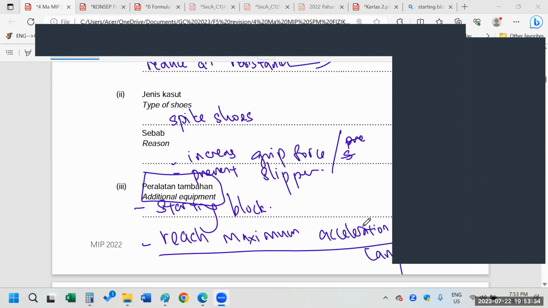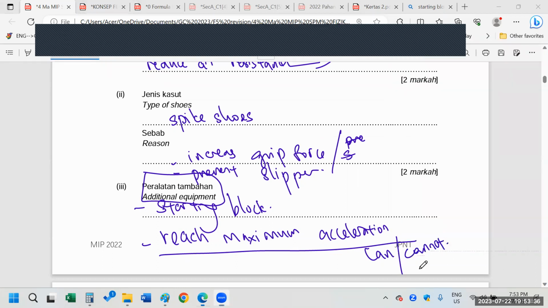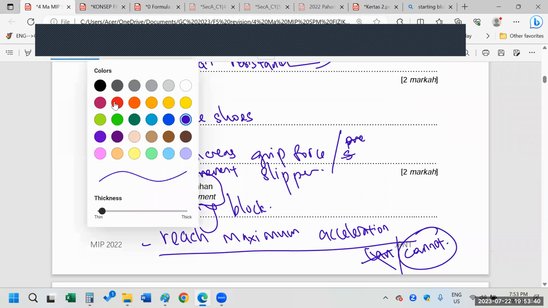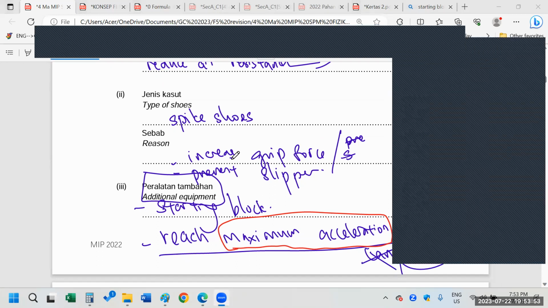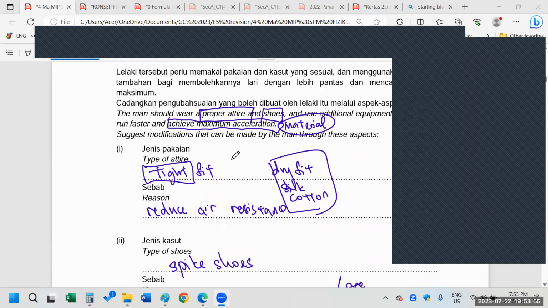Cannot. Why cannot? Why wrong? Maximum acceleration. Actually, they mention this in the question.